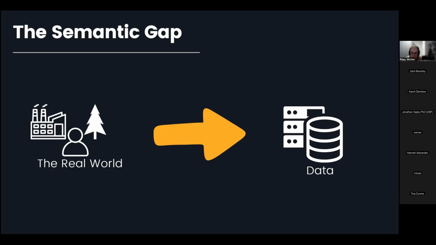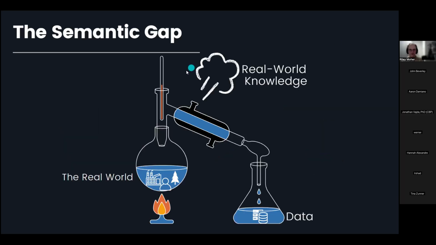So perhaps a slightly more accurate way of looking at it is like a distillation, where the real world is this sort of messy substance that we want to more accurately represent. So we've got some kind of information systems or some method of representing it, and we're just getting these little drips, these little representations that maybe start to describe the real world and are useful for some purposes.